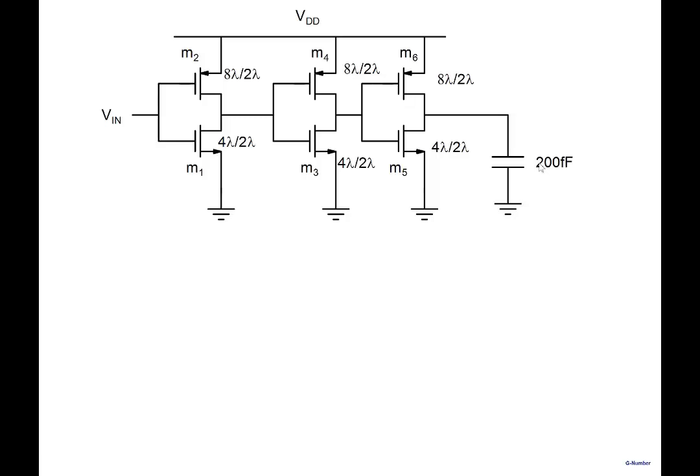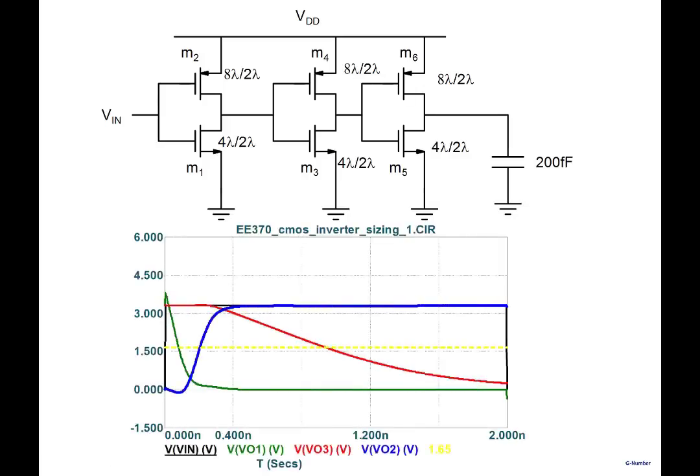And what we have done is we picked 1x inverter, 3 of them. All sizes are 1x, 4 lambda, 4 lambda, 4 lambda here. We just want to see what the delay values are. We can also calculate, but these are results from simulation.